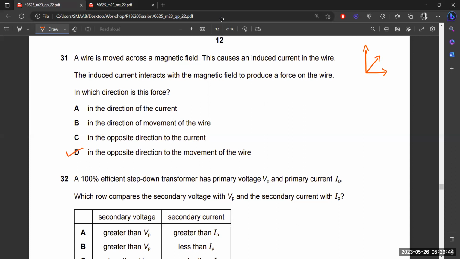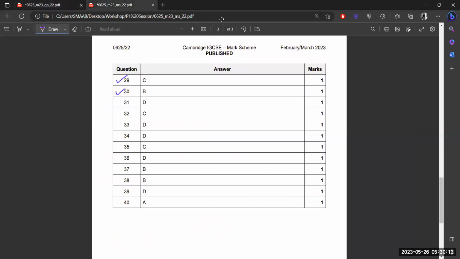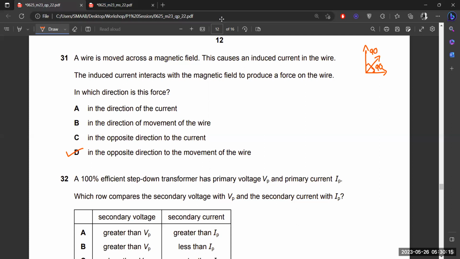So D is the right choice by using the left hand rule, in the opposite direction of the motion, because we need to get 90 degrees, and opposite direction means 180 degrees, and if we include another force between it, 90 divides equally, right? So that is the concept. Three of them are mutually perpendicular. So let's check in the options. Yes, D is the right one.